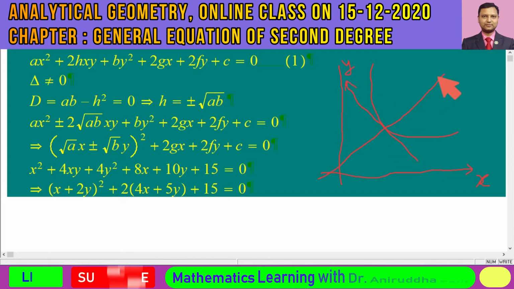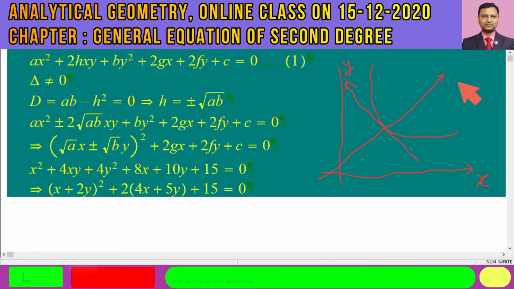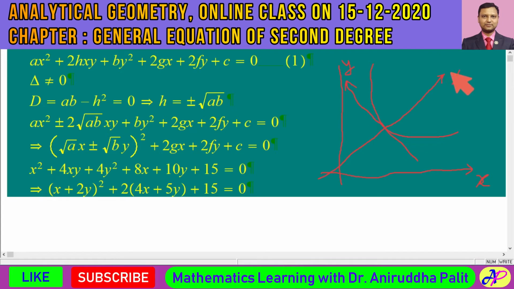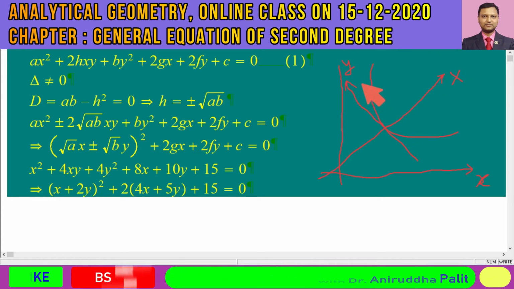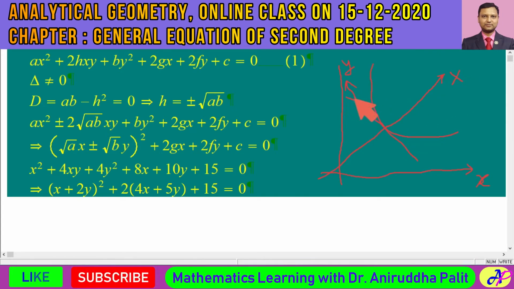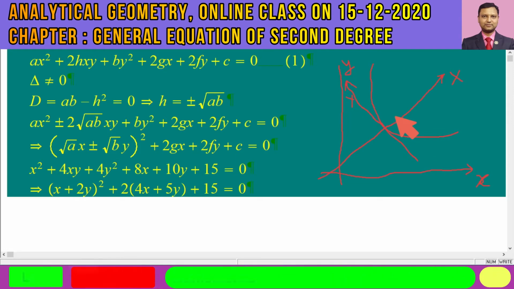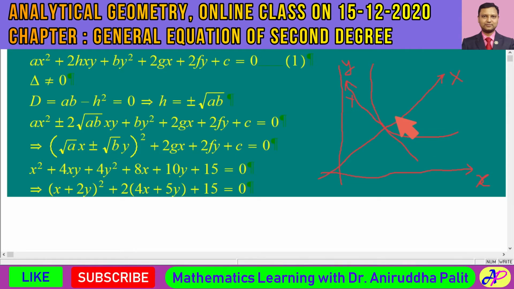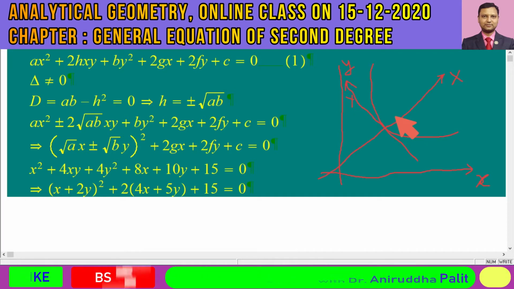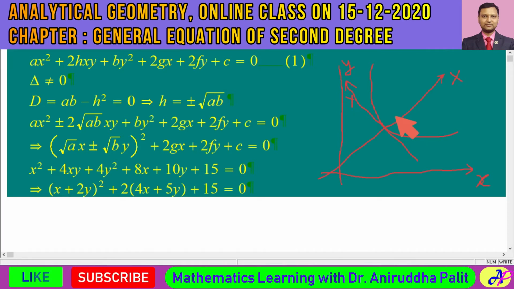So, if we consider this straight line, that is the axis of the parabola, as the capital X-axis, and this perpendicular straight line as our capital Y-axis, the question is how to choose capital X-axis and how to choose capital Y-axis. That is one question. I am going to give you the answer to this question.